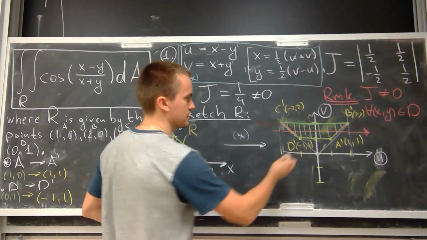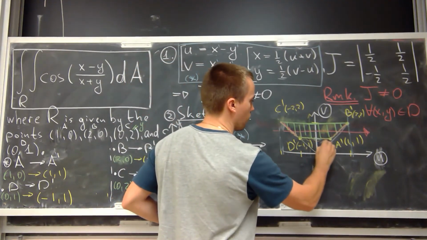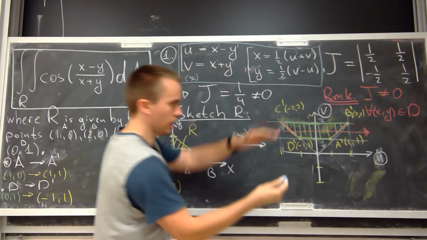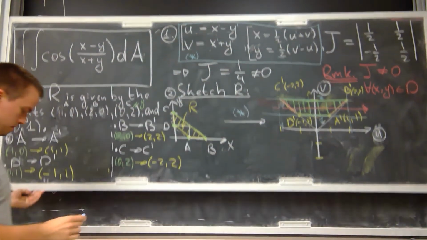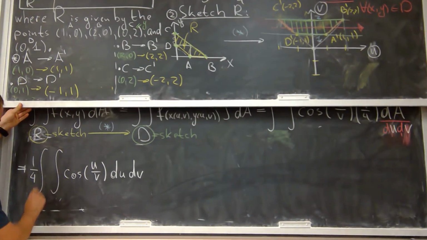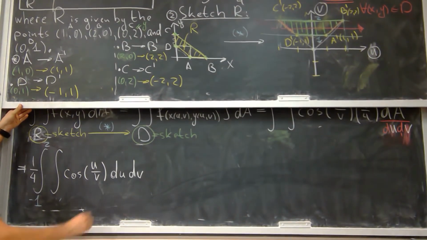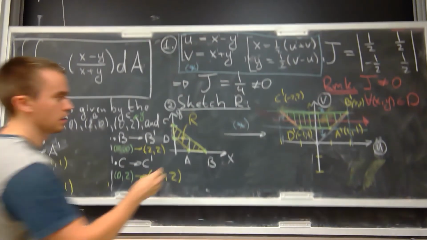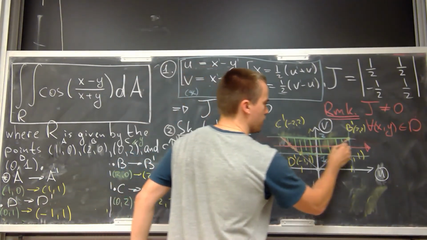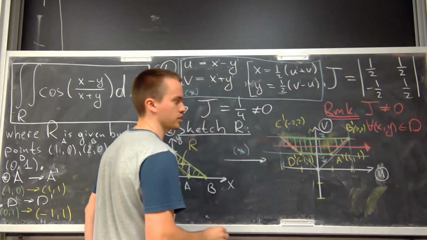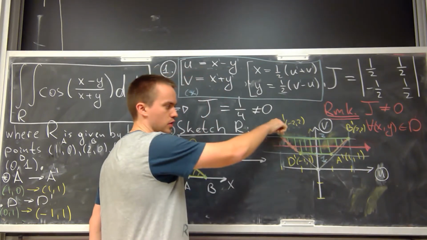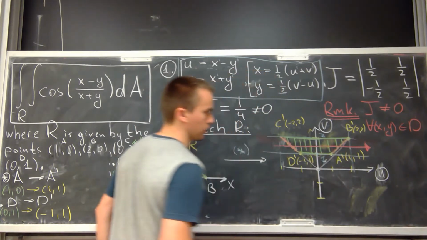Based on this region, we can see that my v changes from 1 to 2. So in other words, I'm looking for the number bounds in the v direction. Here it changes from 1 to 2. But to find my du bounds, my lower bound and upper bound, you need to imagine that you're shooting an arrow in the positive u direction. For this u direction, I'm looking for the equations which describe the lower bound and upper bound.